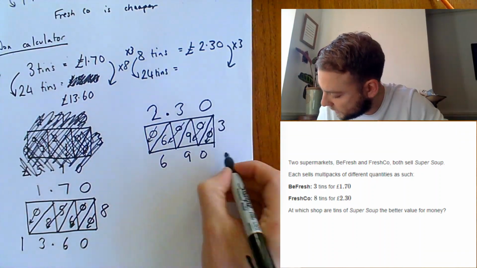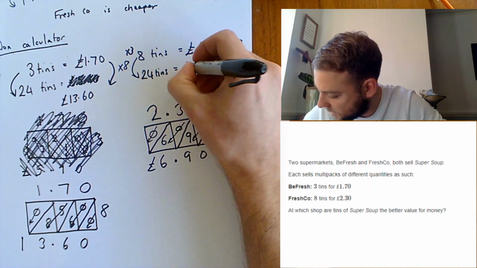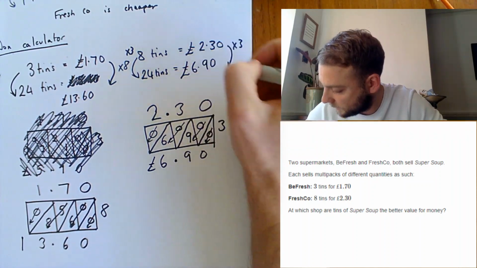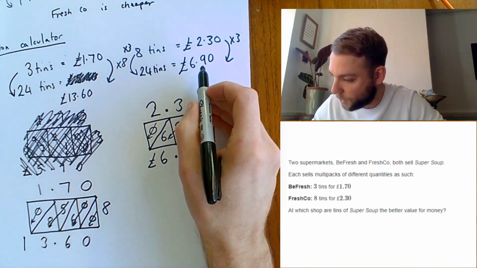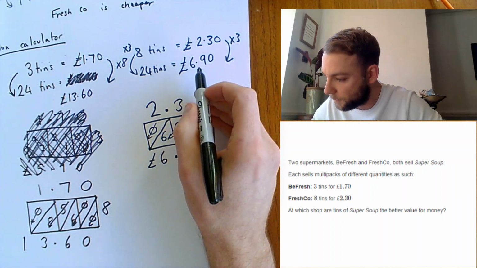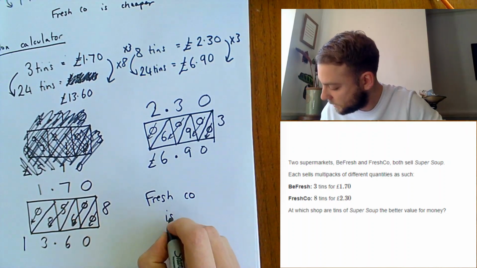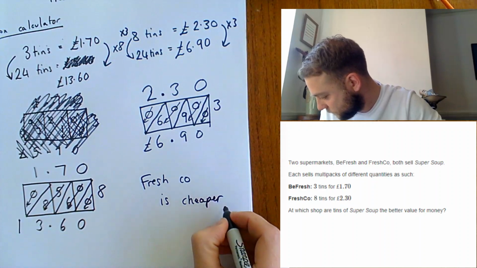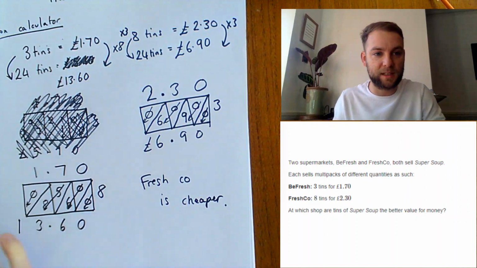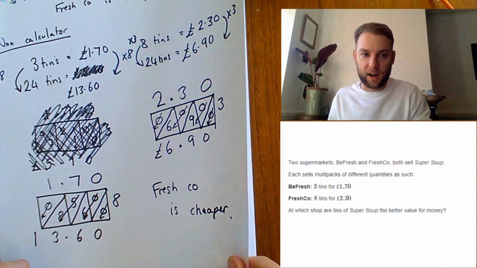Put 2 decimal places in, so I need 2 decimal places with that. So this one here is £6.90. So again, we've noticed that Fresh & Co is cheaper. Well done if you spotted that little mistake at home. Glad I spotted it.